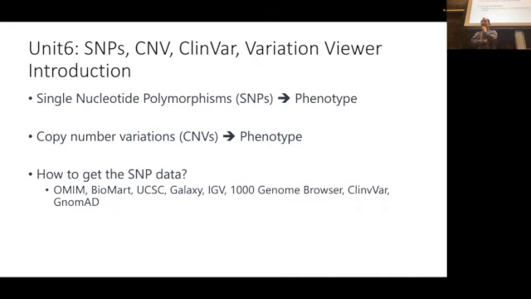I'm going to explain this in detail in the next few slides. But SNP is a kind of DNA variant compared to the reference genome. It's the most common variant.